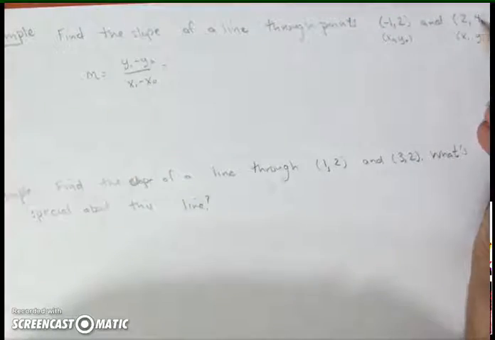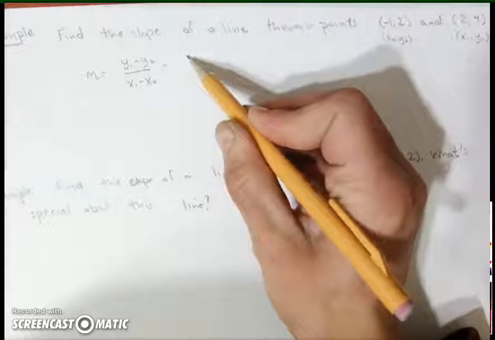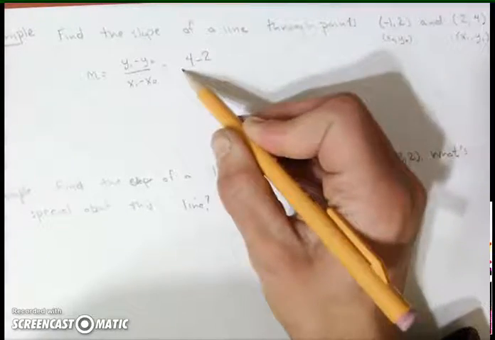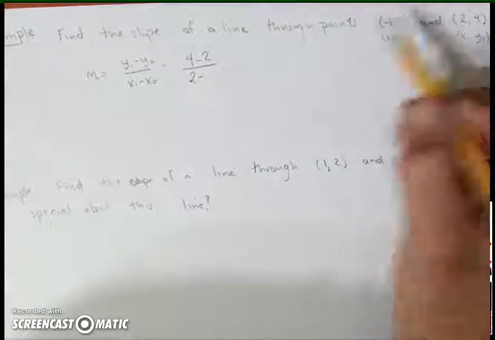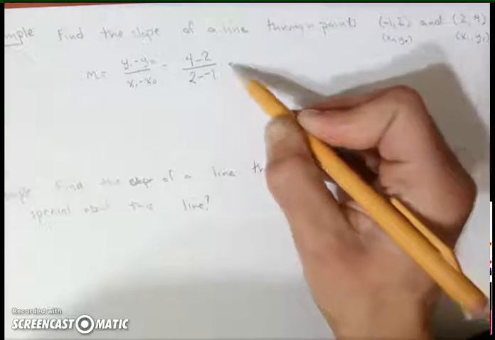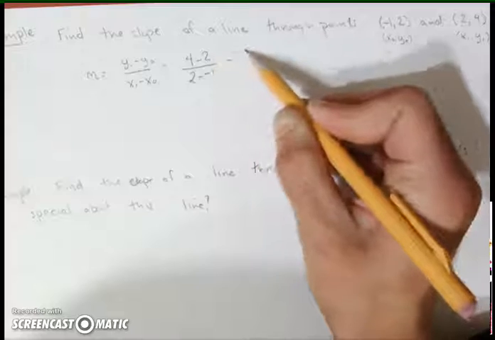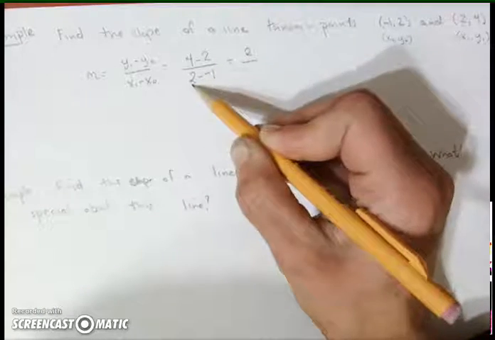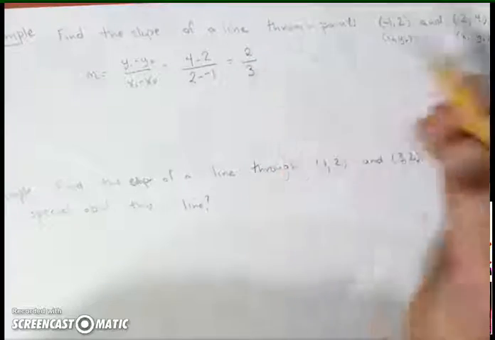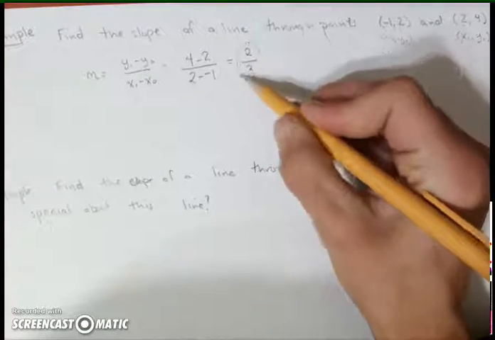So I should do y1 minus y0, 4 minus 2, divided by x1, 2 minus x0, -1. 4 minus 2 is 2, and 2 minus -1 is the same as 2 plus 1, so that's 3. So that gives us the slope.